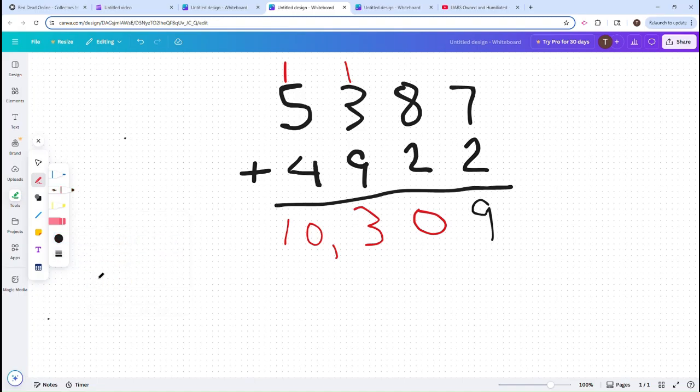You can decompose the numbers in the problem. Maybe we'll have 5,000, and I'm going to use the letter K so I don't run out of space. We have 5,000 plus 4,000. We have 300 plus 900.